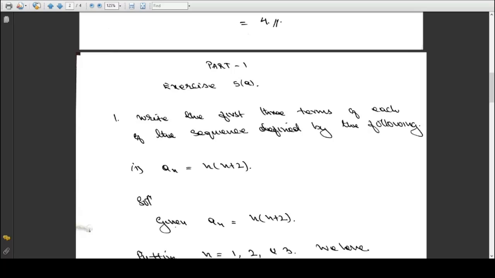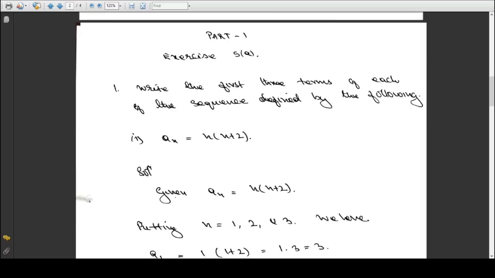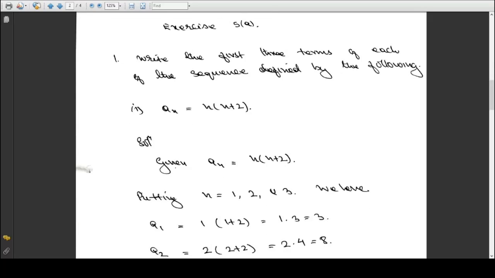Putting n equal to 1: a1 is 1 times (1 plus 2), 1 plus 2 is 3, and 1 multiplied by 3 is 3.